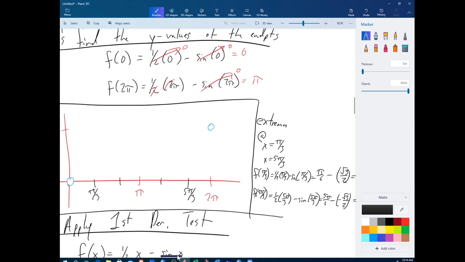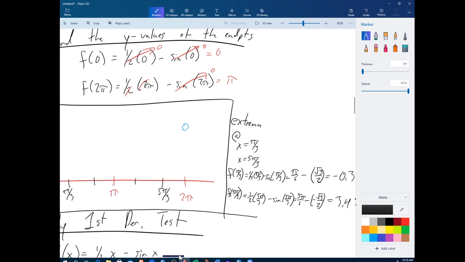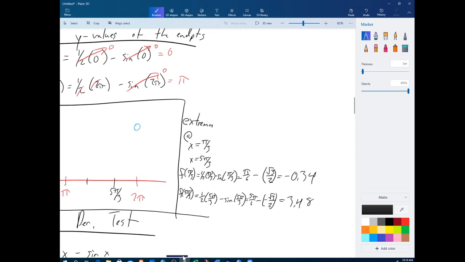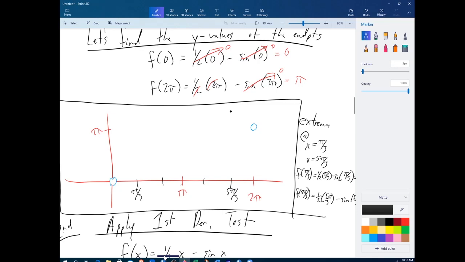Which, no reason I'm going to try to be exact on that, on this graph, especially since I'm dealing with pi's. But this is a little bit bigger than 3.14, so it is going to be a little bit bigger than our pi value that I've got on my graph, whereas this one is going to be slightly negative. So I think it's reasonable to put it maybe right about here.